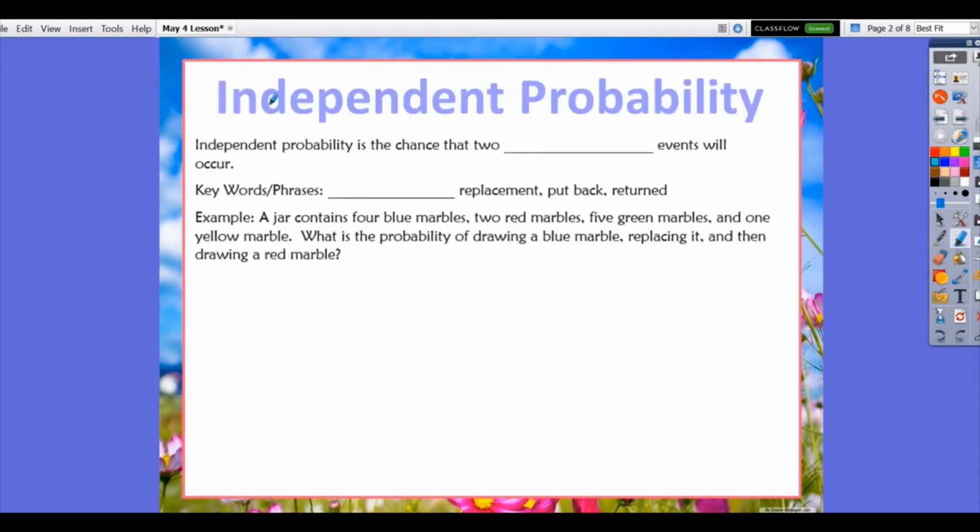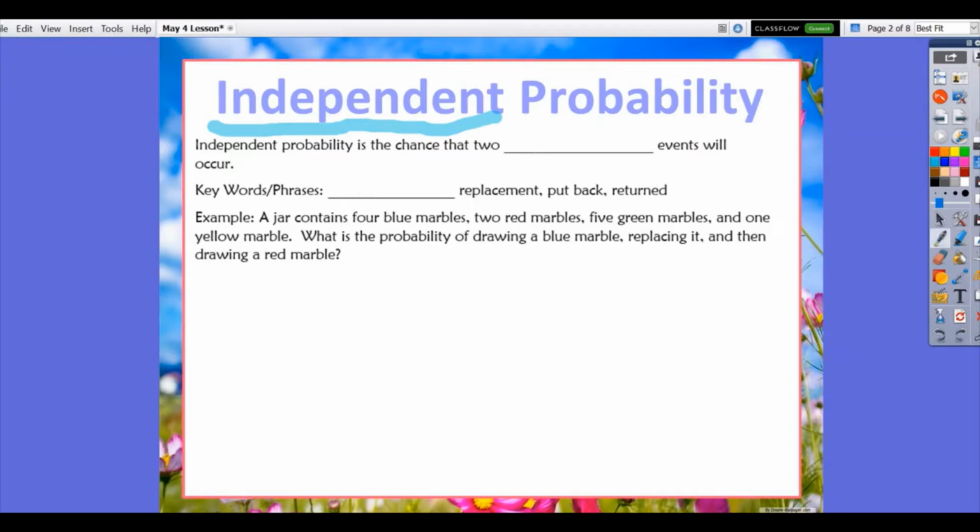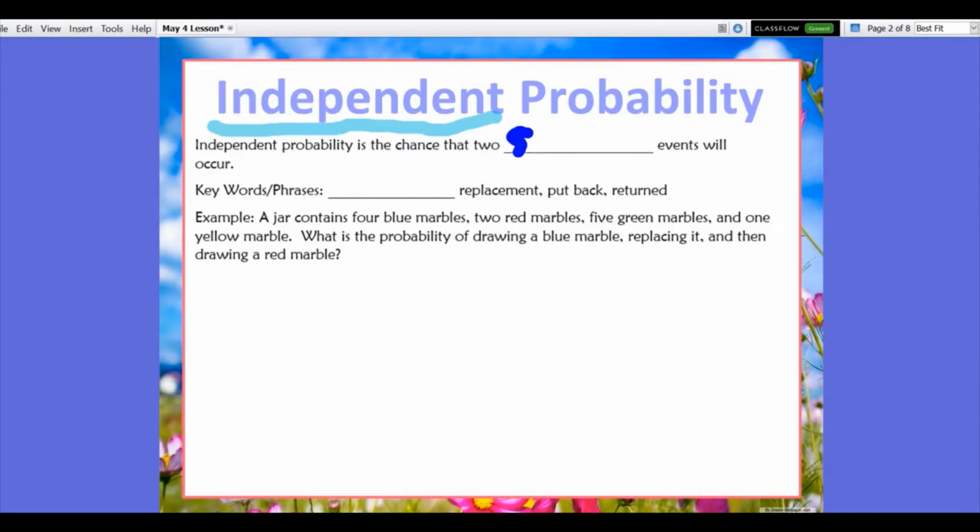All right. So first we're going to talk about good old independent probability. It says, independent probability is the chance that 2 separate events will occur. Okay, so that means 2 completely separate things will occur. They're not related at all.